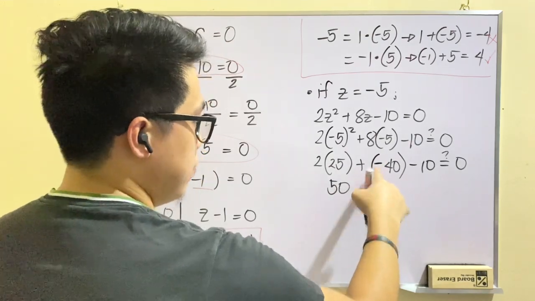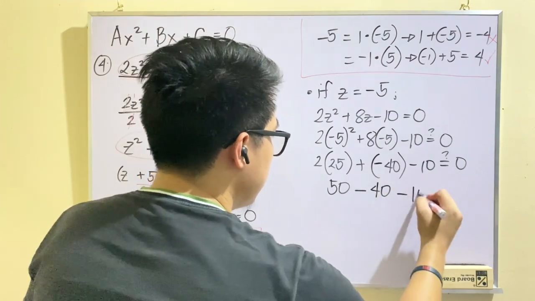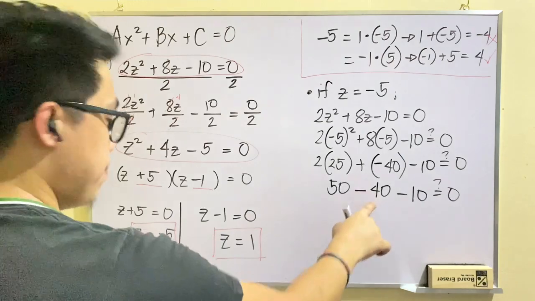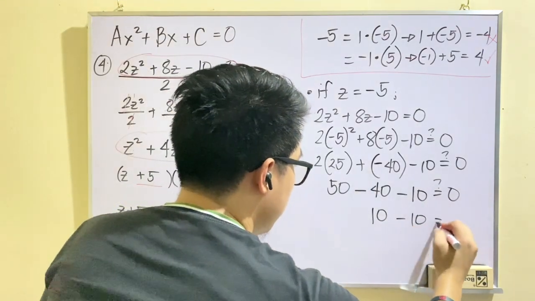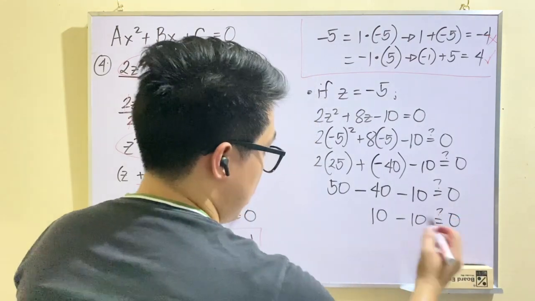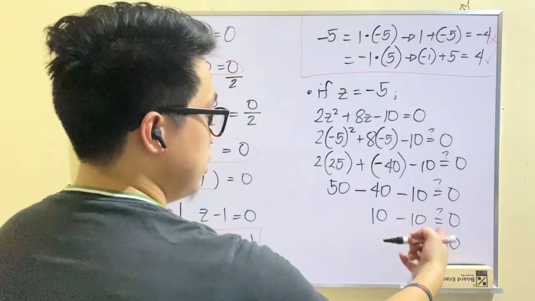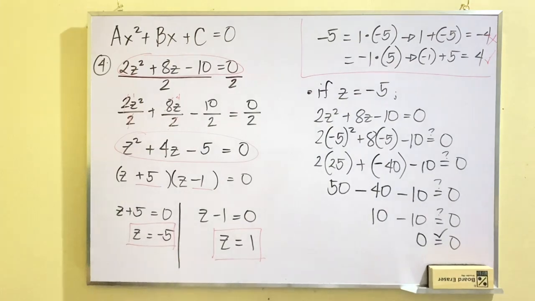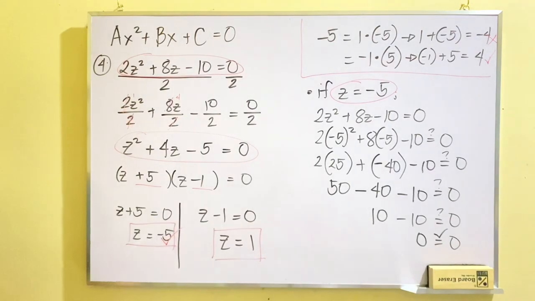Positive times negative is negative. So, minus 40 minus 10, is it equal to 0? 50 minus 40 is 10. Minus 10, is it equal to 0? So, 10 minus 10, of course, is easily 0. 0 is equal to 0. So, therefore, napatunayan natin na z is equal to negative 5 is correct.